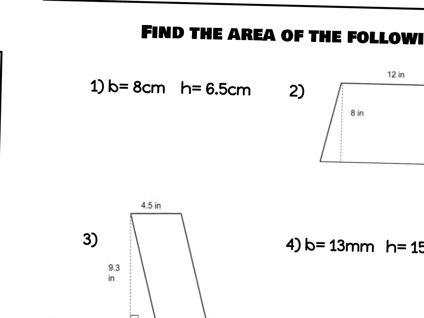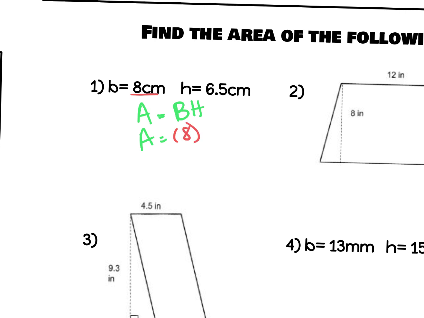You use that formula. So for example, here we are going to find the area of the following. If the base is 8, I'm going to write down the formula, first part. The second part is that you have to substitute these numbers in. So I'm going to put an 8 there. And then my height is 6.5.